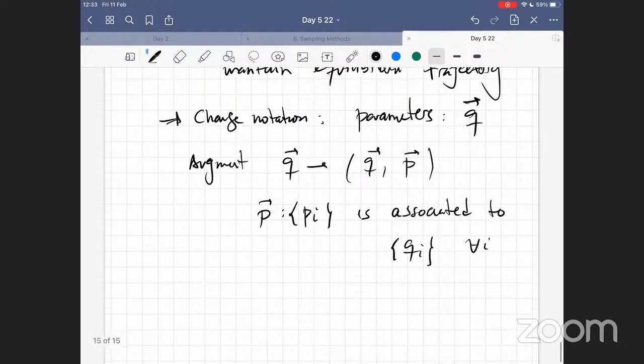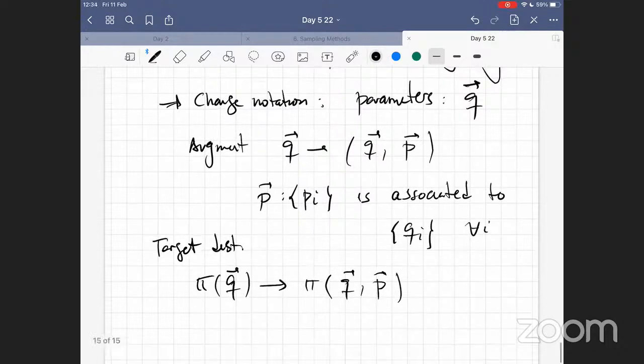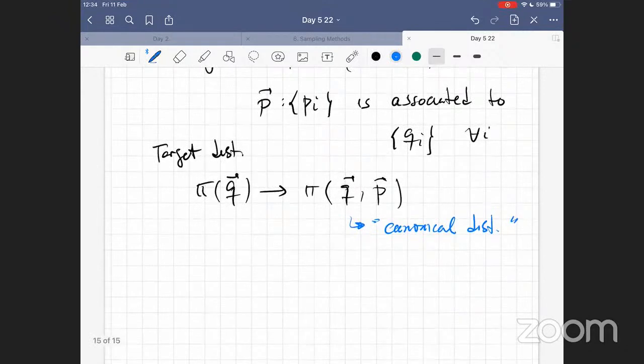And this means that, imagine that you have your target distribution, let me call it pi of Q. It will be augmented to a joint distribution, pi of Q and P, and this will be called the canonical distribution. It is a joint distribution, right?